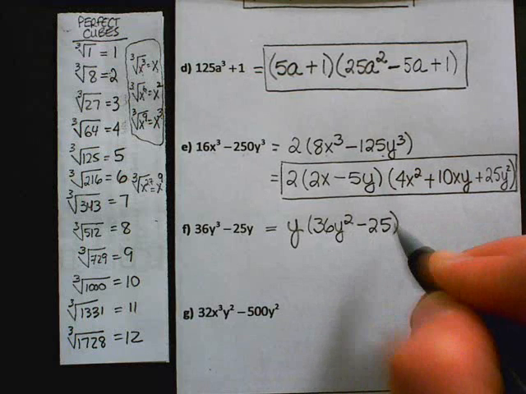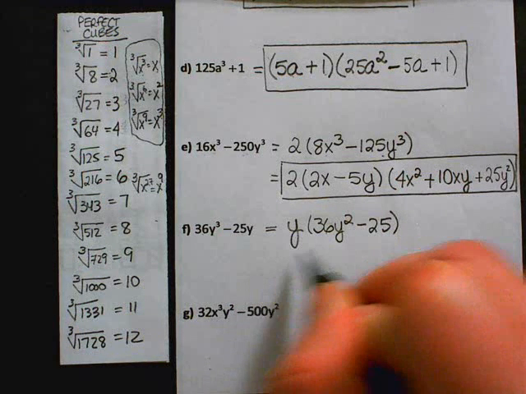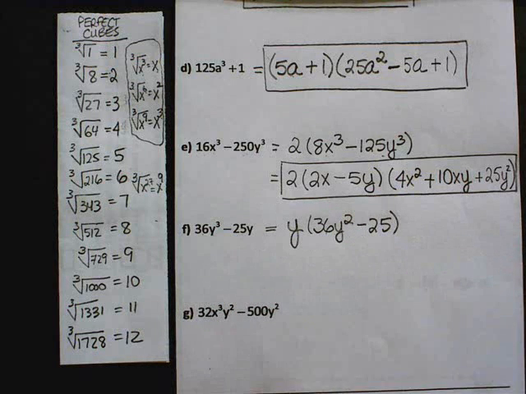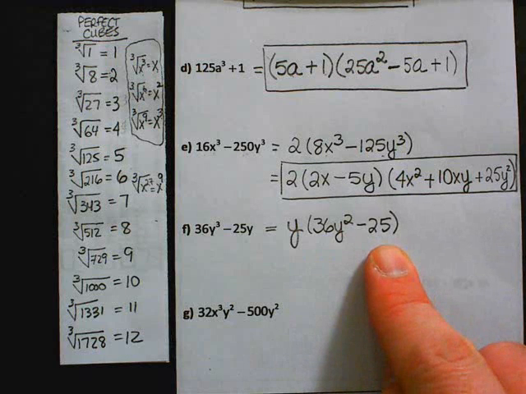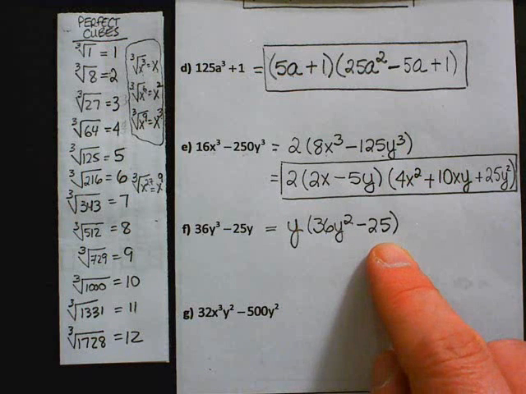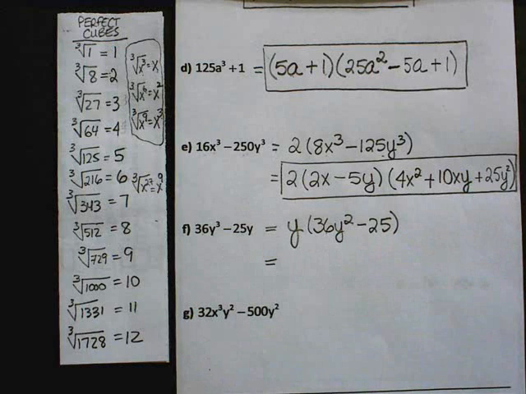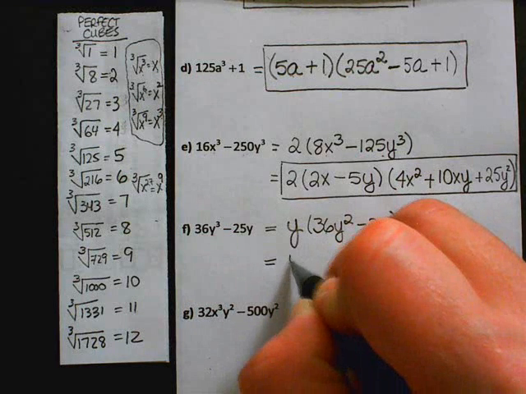So now, do I have any perfect cubes? No, I don't, but I do have perfect squares. So in this situation, we're going to use the previous rules that we learned. It's kind of demonstrating that sometimes they can be mixed, okay? And sometimes you have to distinguish which rule you're going to use. So in this case, this is a perfect square.